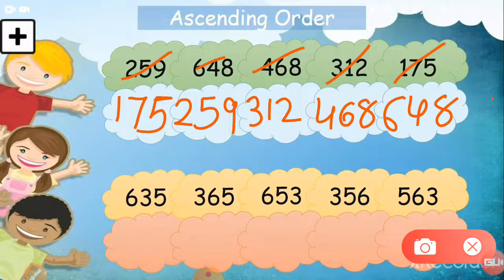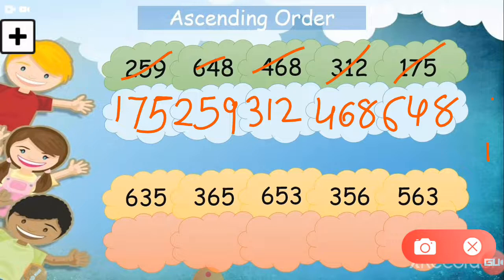Next one is for you to do by yourself at home. Please note down these numbers in your book and try to solve them. The first one is done, I solved it for you. The next one you have to solve by yourself at home in your book. I will speak the numbers, you just note them down. Number one is 635.